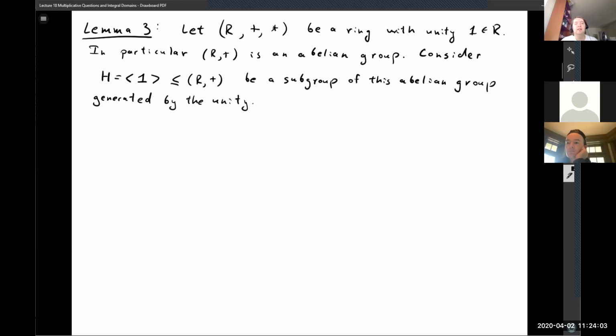So then the claim is that in fact H is a subring. Then H is a subring of R with plus and star. Okay.